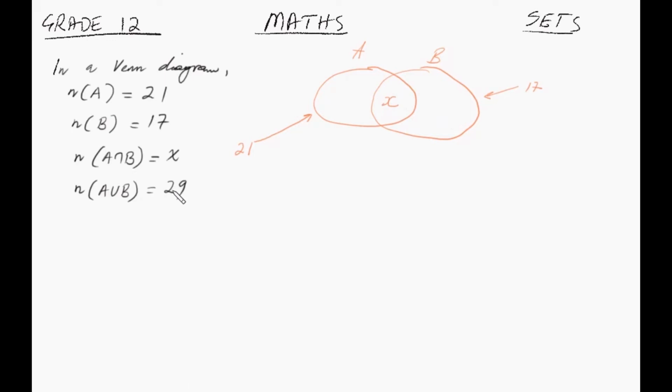So if this is x and this is 21, here will be 21 minus x. The total minus this will give us this. Here it's 17 minus x. The total minus this will give us this region.